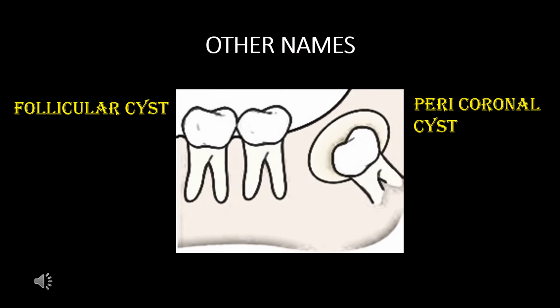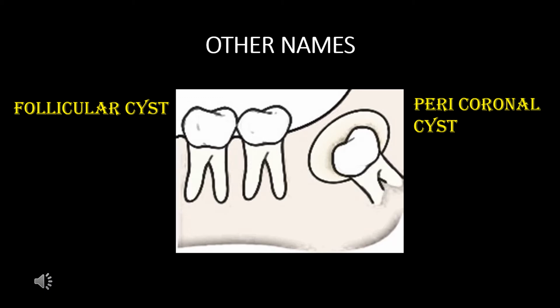Now moving on to the other names of dentigerous cyst. The dentigerous cyst can otherwise be called a follicular cyst and a pericoronal cyst. The cyst is separated by the follicle, hence the name follicular cyst. And the cyst is attached to the tooth at the CEJ and it surrounds the crown of the tooth, so they have given the term pericoronal, hence the name pericoronal cyst.